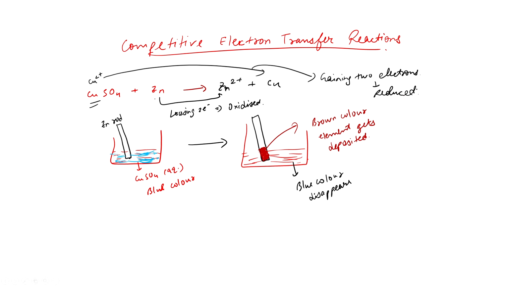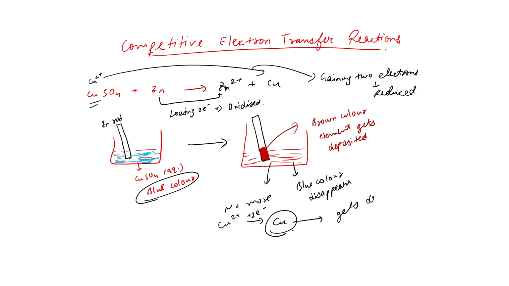Now, why does this blue color disappear? Because this blue color was due to the presence of copper sulphate, the Cu2+ ions. In this solution no more Cu2+ ions are present, because Cu2+ has been converted to copper by gaining 2 electrons, and this elemental copper is brown in color, which gets deposited on the metallic zinc rod.